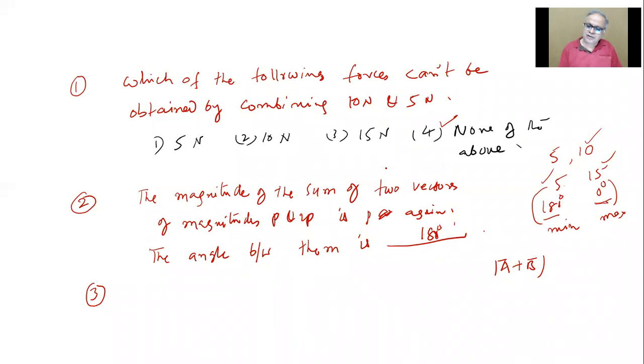Yes, sir. I'm asking what is written over here. The magnitude of the sum of two vectors of magnitudes P and 2P is P again. The angle between them is 180 degrees. Tell me, did you really follow now? Yes, sir. Right.